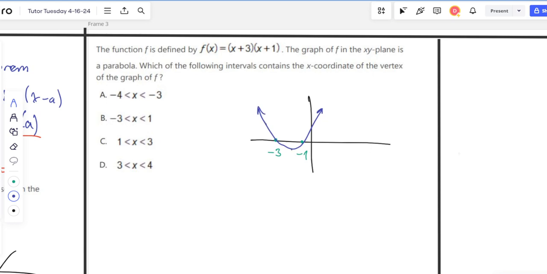The x-coordinate of the vertex is somewhere in between, between -3 and -1. The only interval listed in the answer choices is actually going to be B. That's going to give us the vertex, which is at -2, between this interval.